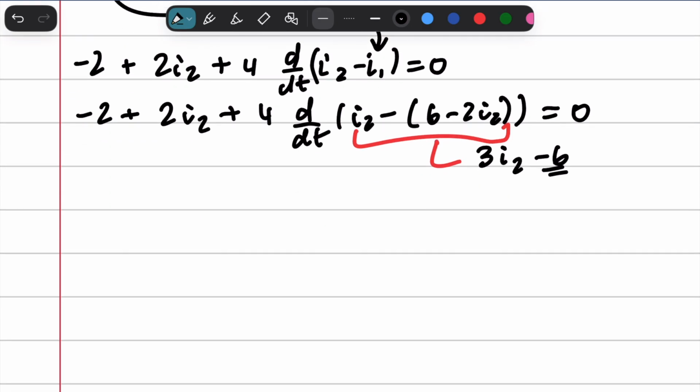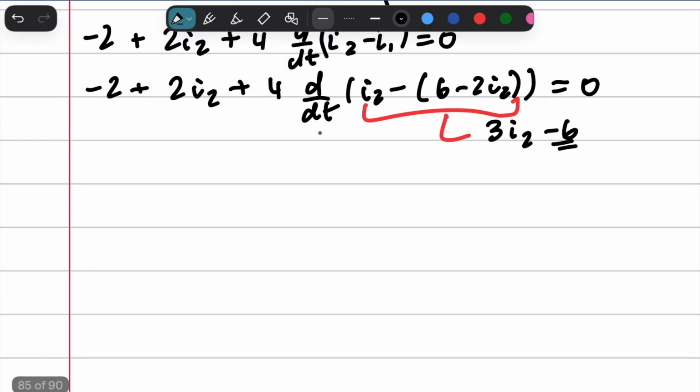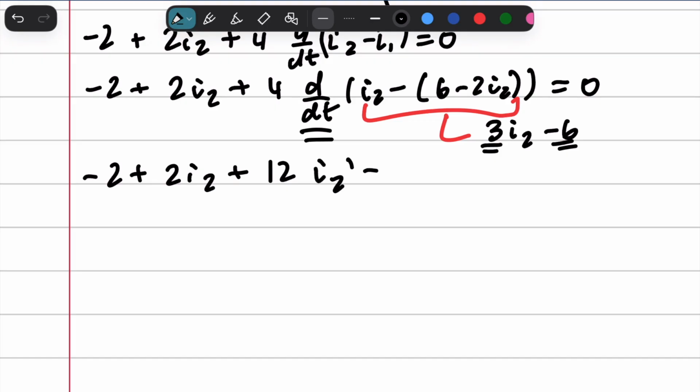Doesn't matter what this 6 is because it dies in the derivative. Minus 2 plus 2I2 plus 12, because this 3 goes out, basic calculus, I2 prime is equal to 0. Divide everything by 2: I2 prime plus 1/6 I2 minus 1/6 equals 0.